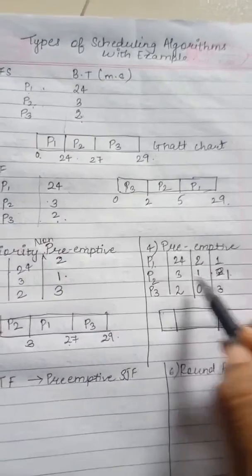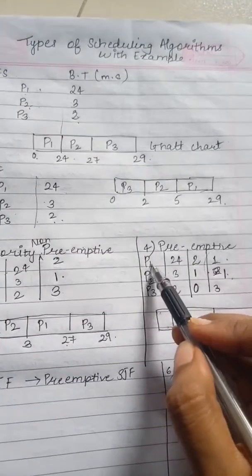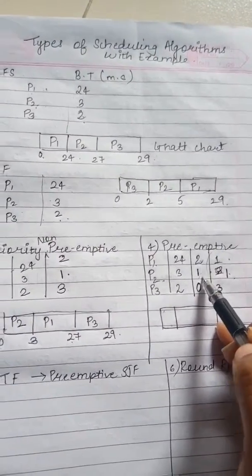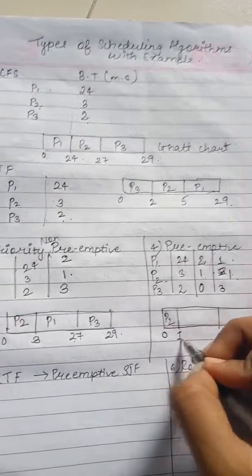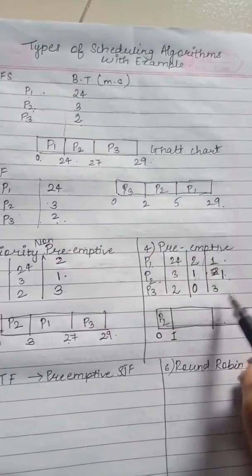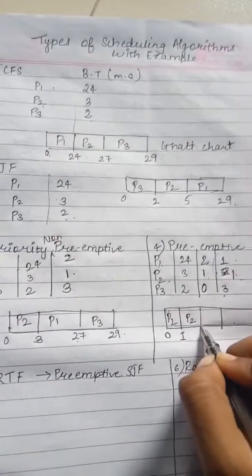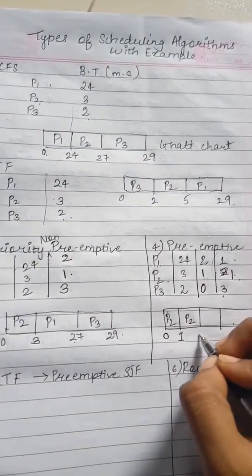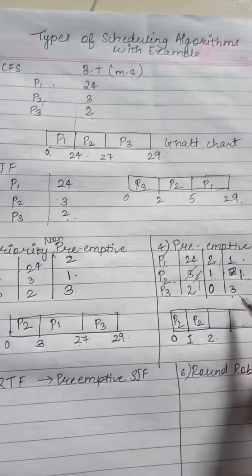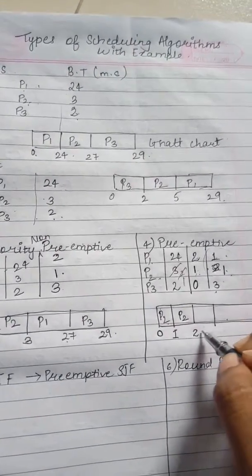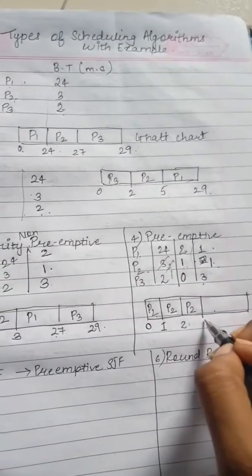So P1 arrived and P2 arrived at the same interval. So we will see which one is having the smallest priority number, P2. So P2 will get executed for 1 millisecond. Then at 2 milliseconds nothing has arrived, so we will execute P2 only. Its burst time will get cut. Then at 2 milliseconds nothing has arrived, then again P2 will get executed.